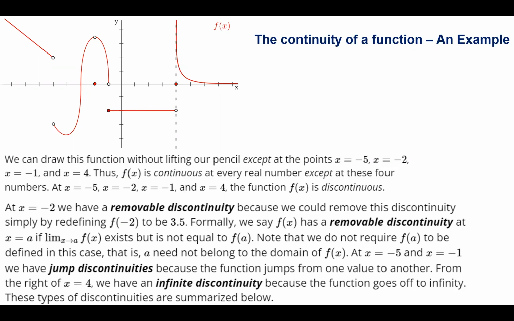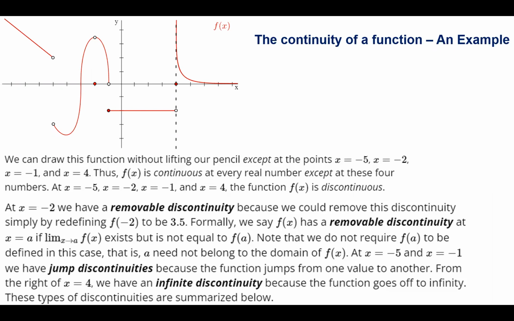Thus, intuitively, f(x) is continuous at every real number except at these four numbers. At x equals -5, x equals -2, x equals -1, and x equals 4, the function f(x) is called discontinuous.